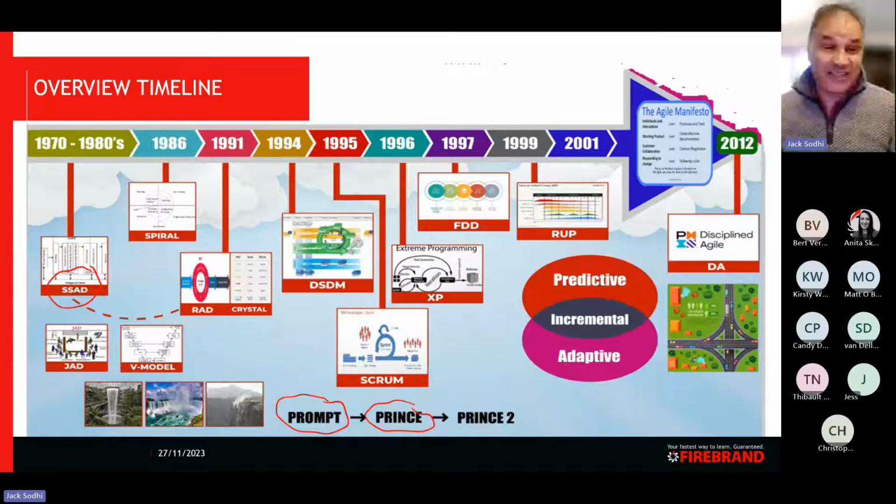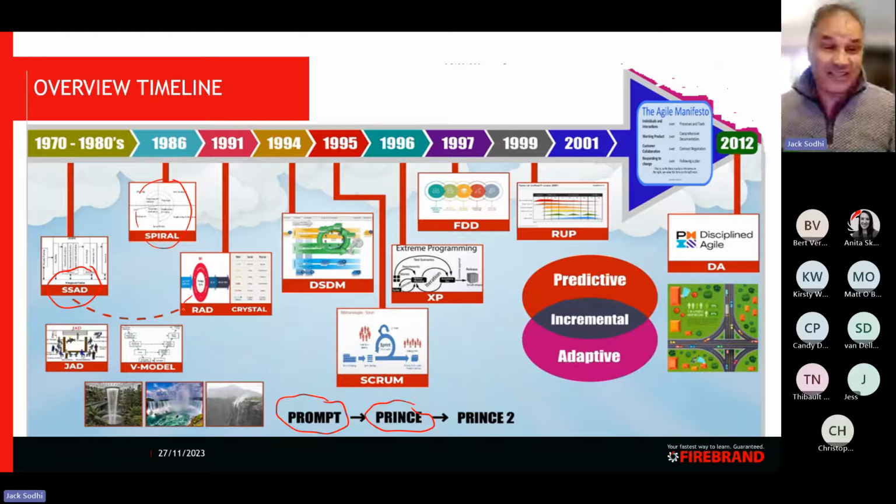So Projects in CCTA Environment, and then PRINCE they changed the C to Controlled because it could be used in any environment, not just the CCTA. But you can then see that this was a waterfall method, and then later on, as time went on, the spiral came in, and that was using more iterations in the risk of the projects.